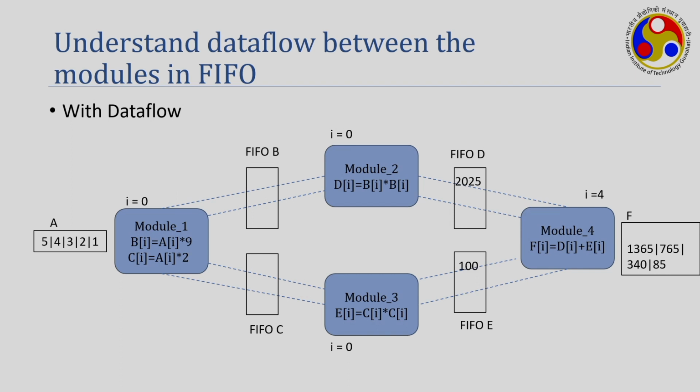So, I just gave the animation for one set of data, but in practice, whenever this becomes I equal to 0, you give the next set of data and it will start consuming this data and start producing the next set of output. So, this is how FIFO makes sure that these modules can interleave their iterations also, right.